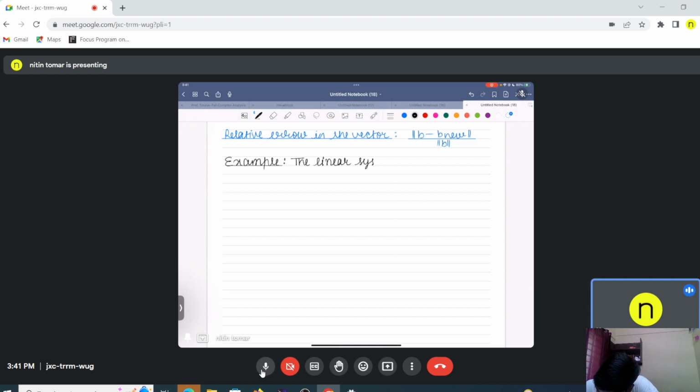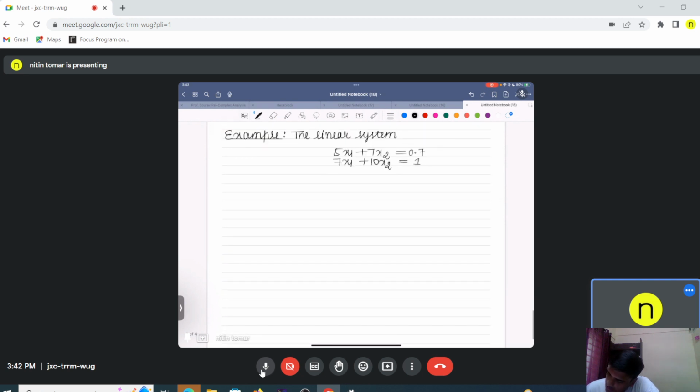The linear system 5x1 plus 7x2 equal to 0.7, then 7x1 plus 10x2 is 1, and if you solve this system, I am giving you the solution.